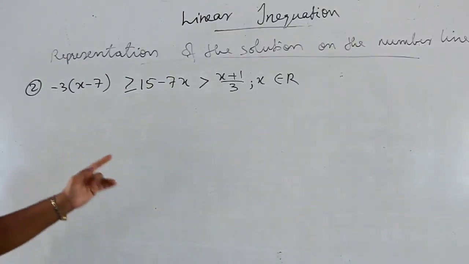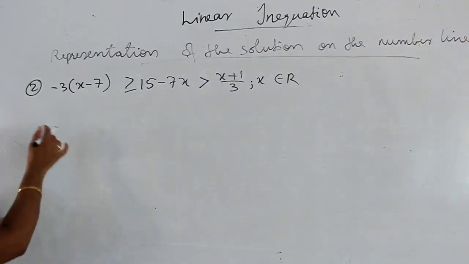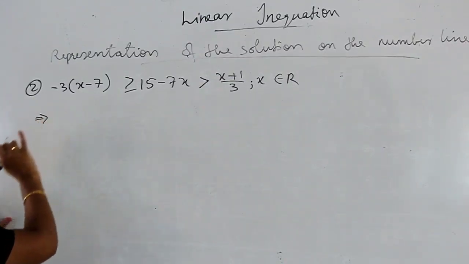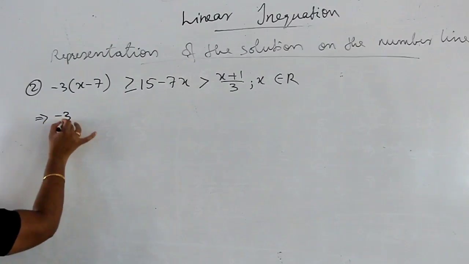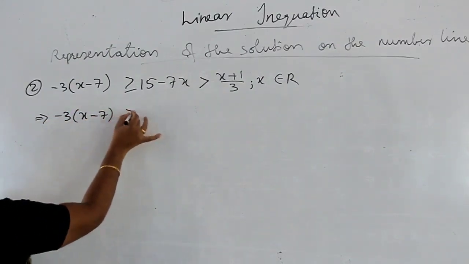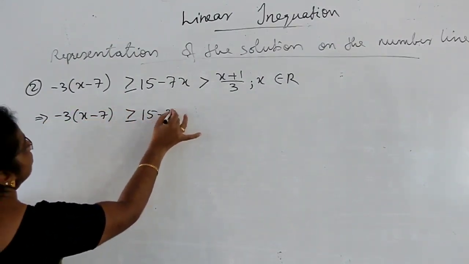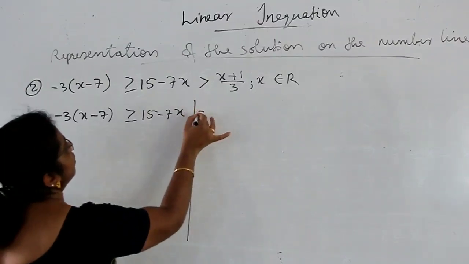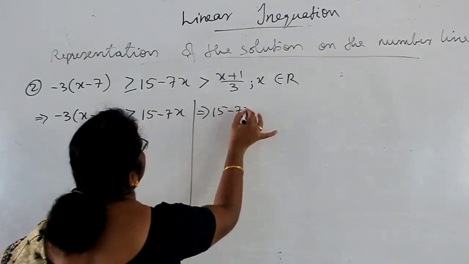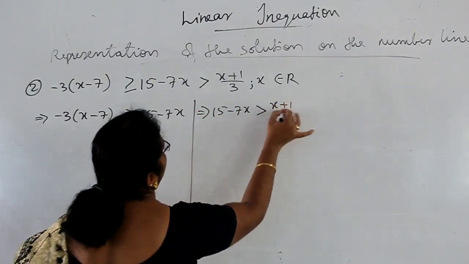Solve and represent the solution set on a number line. Here also we can split this into two simple linear equations. Minus 3 into x minus 7 greater than or equal to 15 minus 7x. And next one, 15 minus 7x greater than x plus 1 by 3.